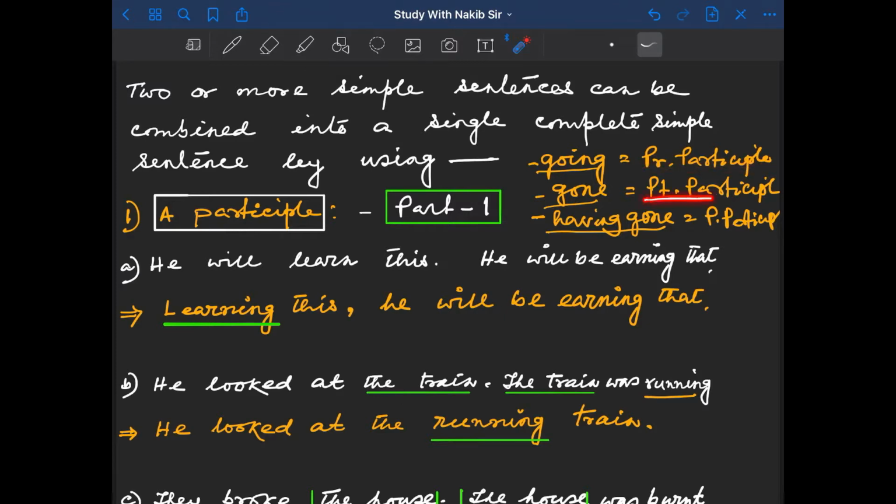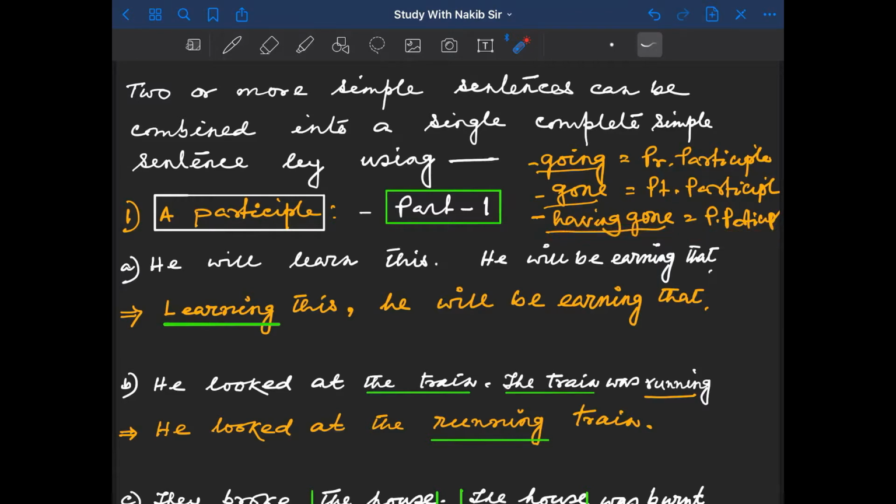And past participle, you know, gone is the past participle. Okay, no need of any further explanation. And perfect participle is having plus past participle of the verb. So, going is the present participle, gone is the past participle, and having gone is the perfect participle.